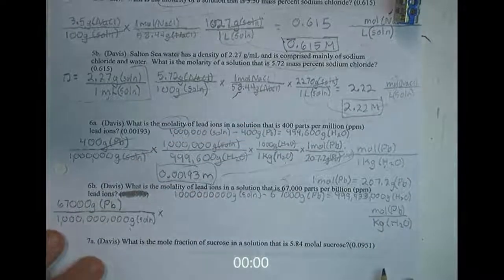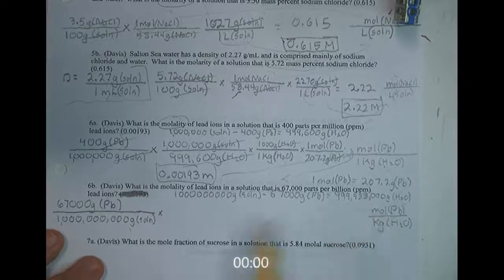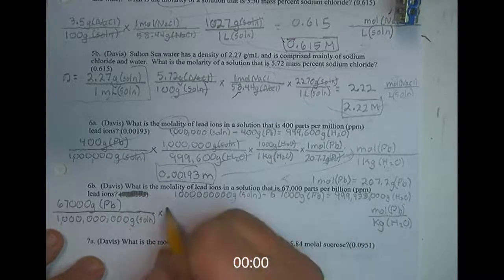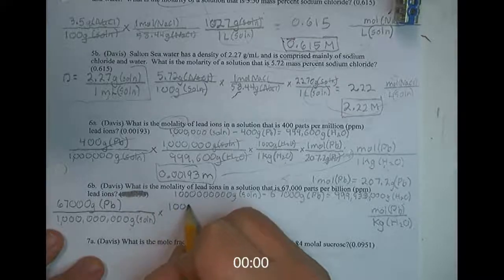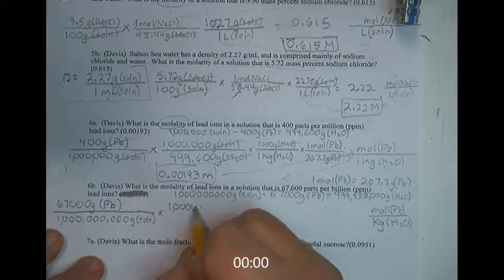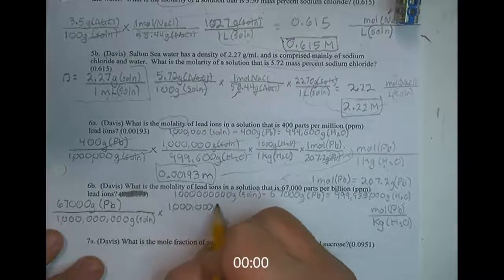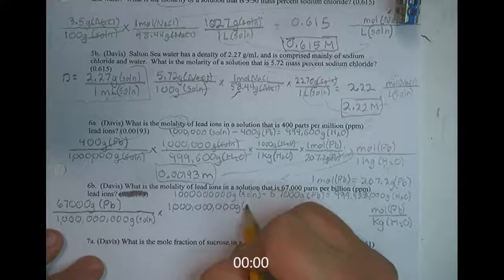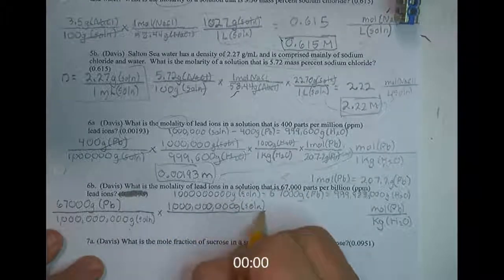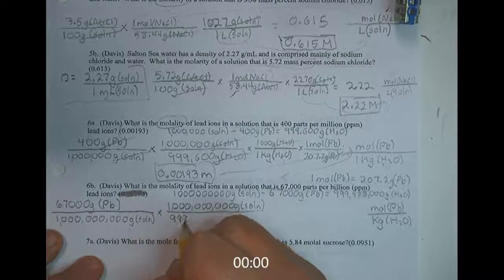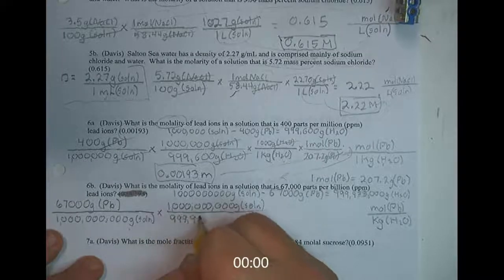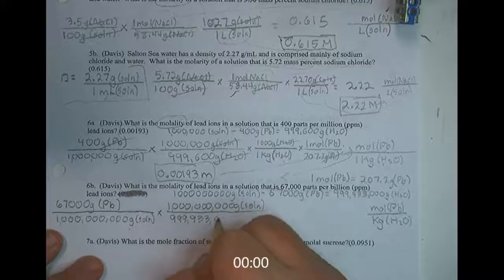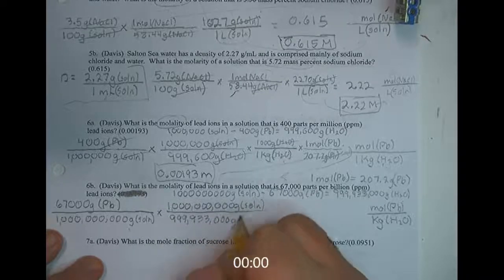Okay, so now we come back here. We know there's that many grams of H2O for every billion grams of solution. So we just come up here, and keep in mind when you do your math, a billion on the top and billion on the bottom are just going to cancel each other out. You don't even have to punch them into your calculator. A billion grams of solution for every 999,933,000 grams of water.